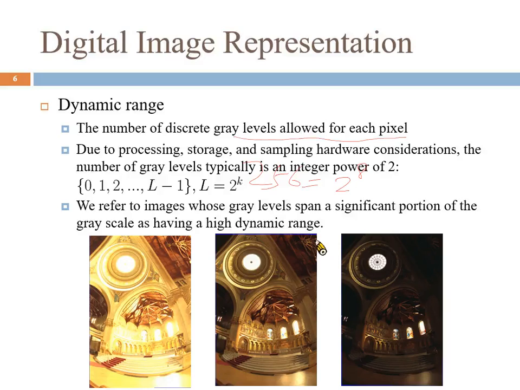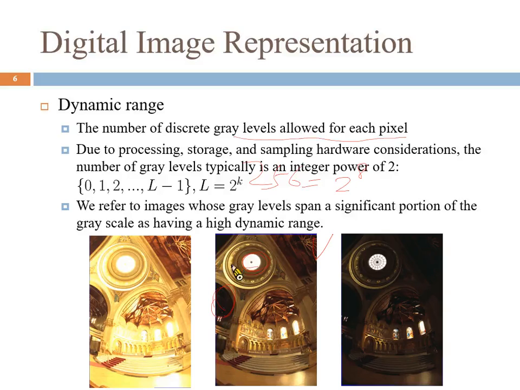Okay, the answer would be the second one, because in the second image, the brighter pixels are very bright and the dark pixels are very dark. So basically, the difference between the brighter one and the darker one will be large. In contrast, in the left image almost every pixel is bright, and in the right image almost every pixel is dark.